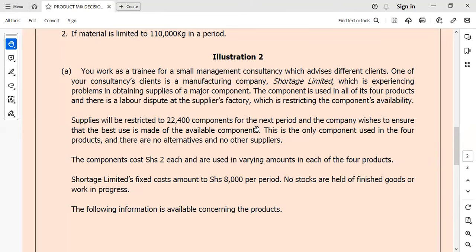One of your clients is a manufacturing company, Shortage Limited, which is experiencing problems in obtaining supplies of a major component.